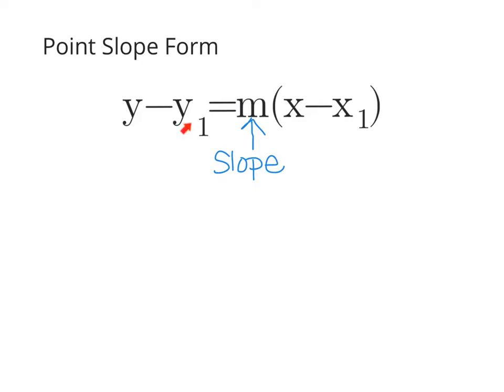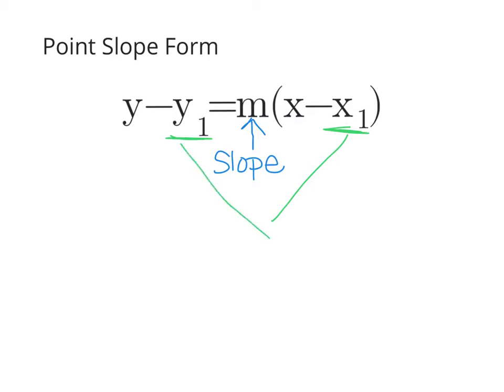And the reason we say y1 and y, not y2 and y1, is because this y that's just labeled as y and this x that's just labeled as x are simply going to stay y and x. They're not going to change. Nothing is going to substitute in place of them. So the point that I'm working with is this y1 and this x1.